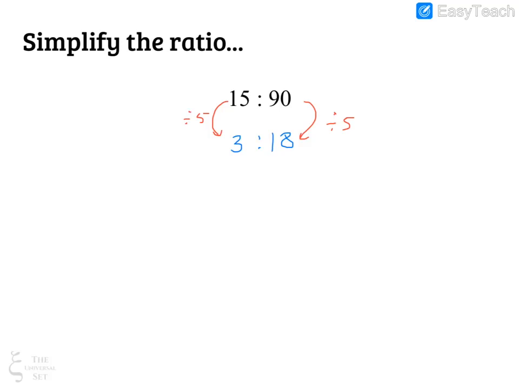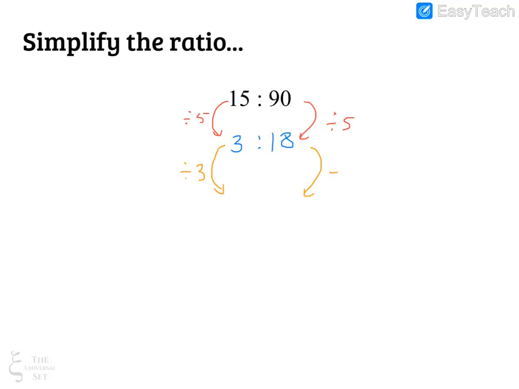Now, we're not quite finished yet, because 3 and 18 still have, I reckon, a common factor. There's still a number that I can divide those both by. So I'm going to have to do another step of simplifying here to get down to my final answer. So what do 3 and 18 have in common still? Well, they're both in the 3 times table this time. So I'm going to divide them both by 3.